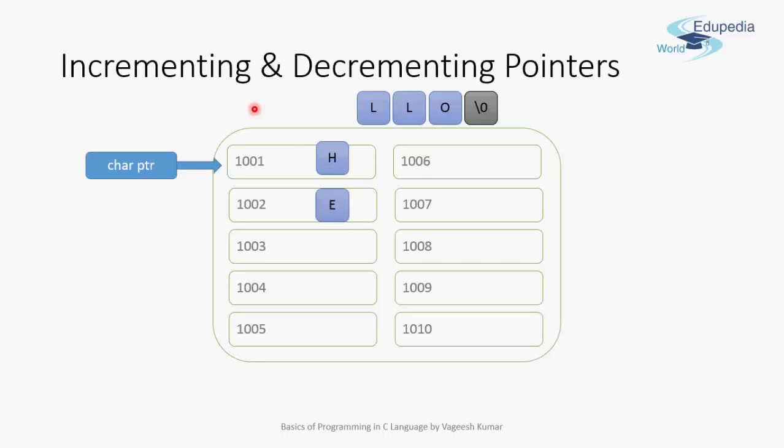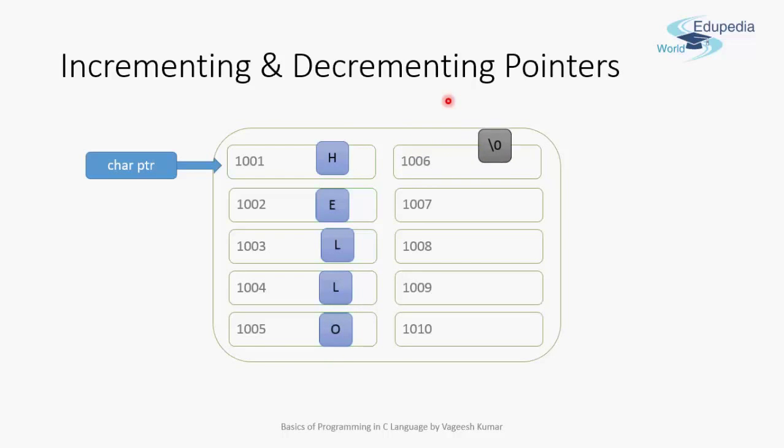These characters will go one each in a memory location. This is the string hello, and at last there is a null character that also has to fit somewhere, so that will fit in the next memory location. The total number of memory locations this string occupies is 6: 5 characters in the string hello, and 1 for the null character.